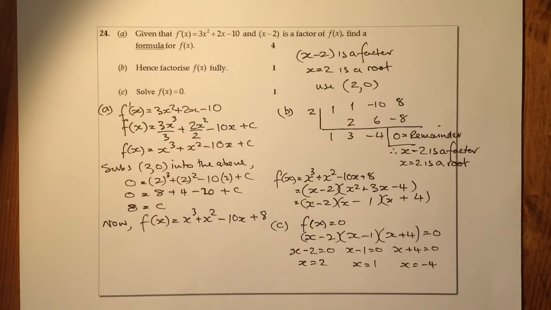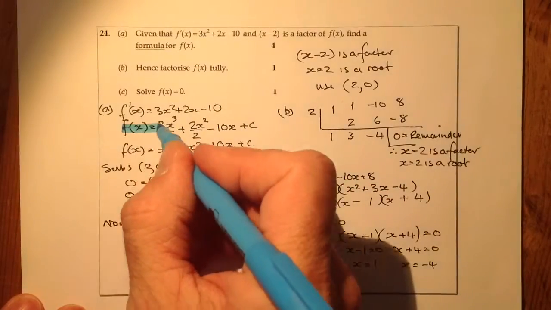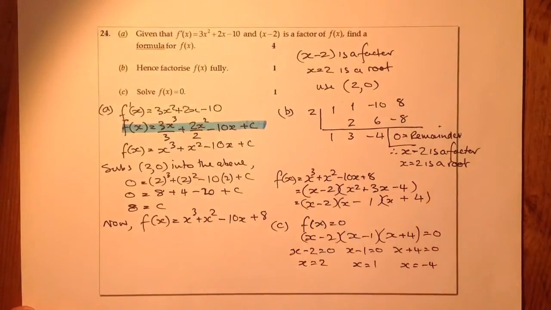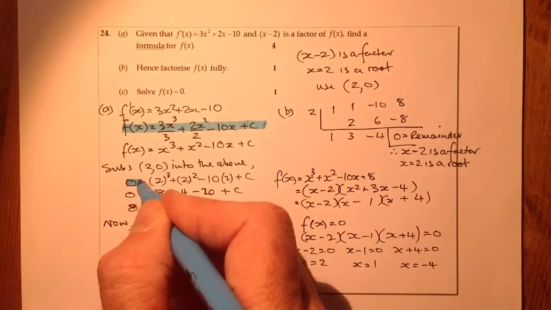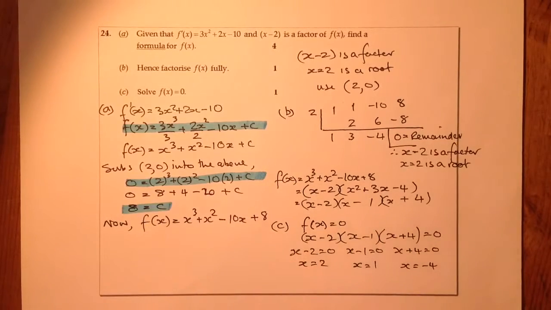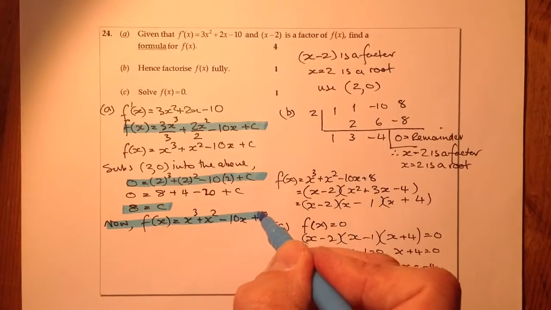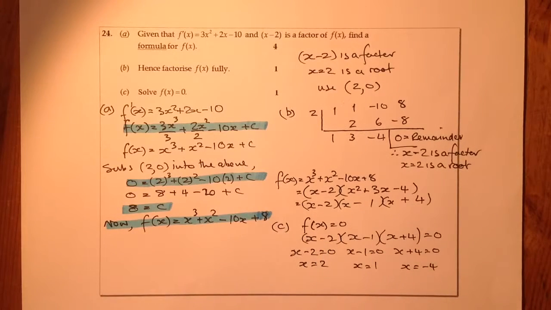Right, we've got 6 marks to be gained here. I'll go for 1 mark here for getting this line here, so that would be working out the general solution. I'll go for 1 mark for knowing to substitute the 2 into the general solution to work out the c value of 8, and for rewriting the formula for f of x completely there.